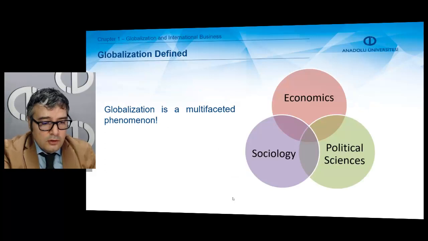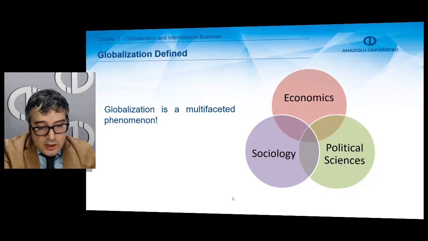Economists focus on those aspects of globalization concerning international trade, international capital flows, and the dominance of multinational enterprises over international and domestic economies. On the other hand, political scientists view globalization as a concept concerning the nation state and new forms of governance.